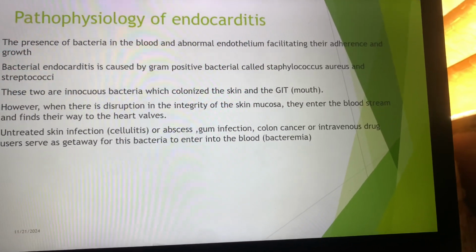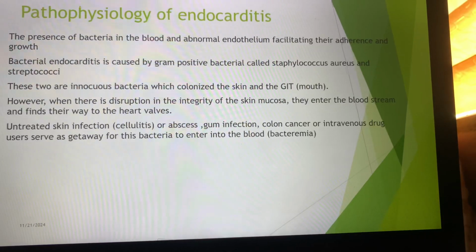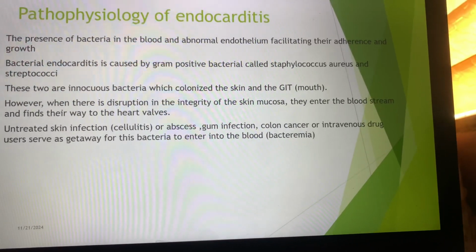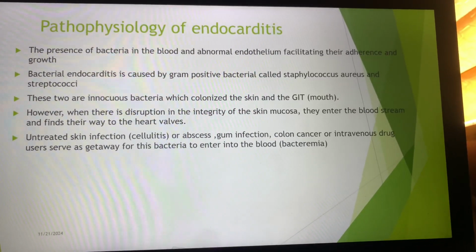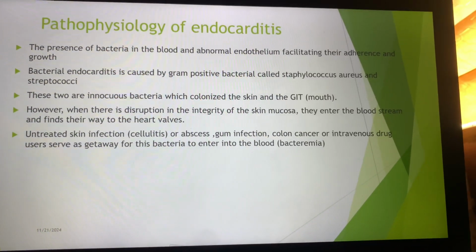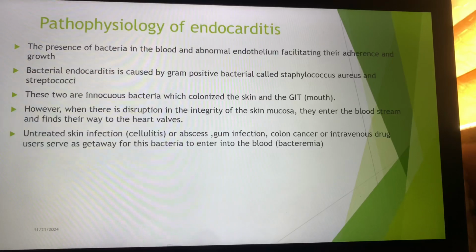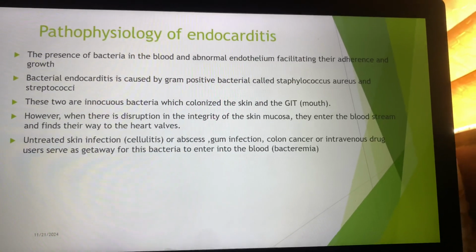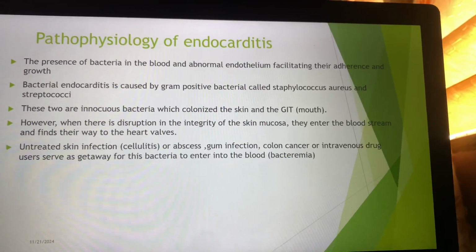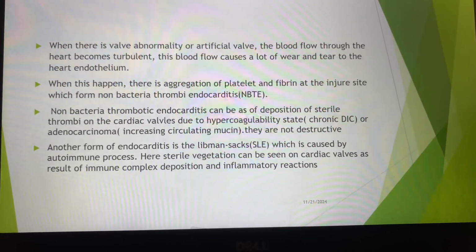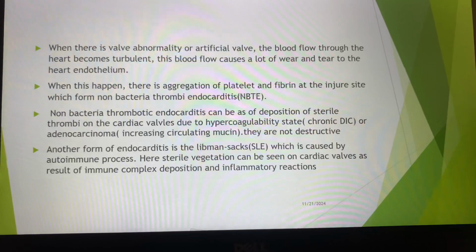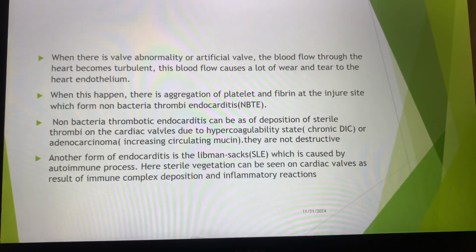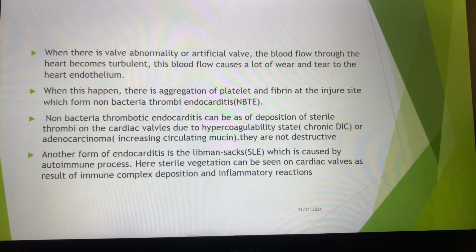Now that you understand how the bacteria enter into the blood, let's look at the other side, where there is endothelial abnormality facilitating the growth of endocarditis. When there is a valve abnormality or an artificial valve, the blood flow through the heart becomes chaotic.